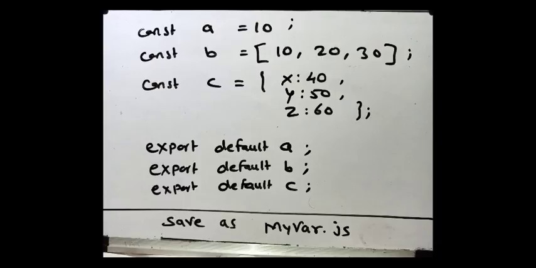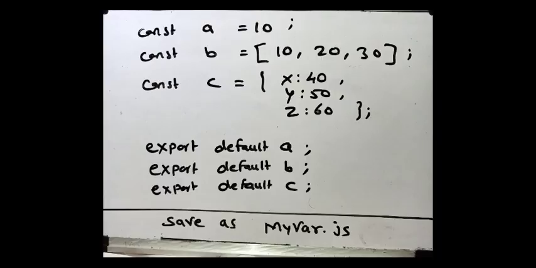Now within this file, the file name is myvar.js, these three variables are declared, but I want outside exposure. I want to use these variables outside the file. So how to do that? Use the keyword export default.